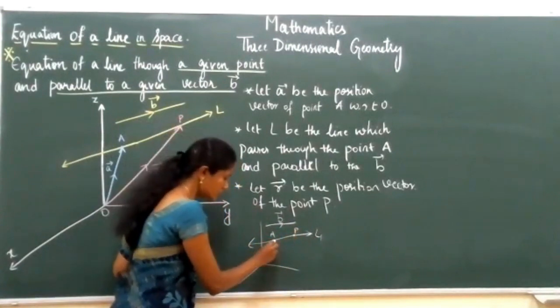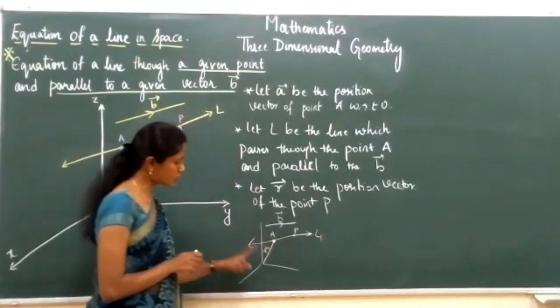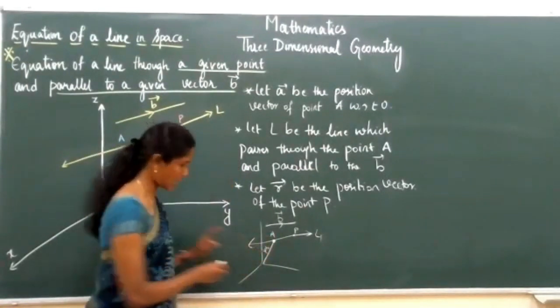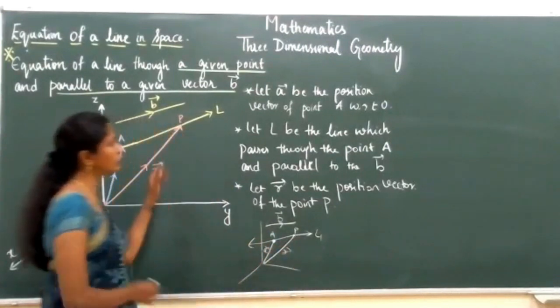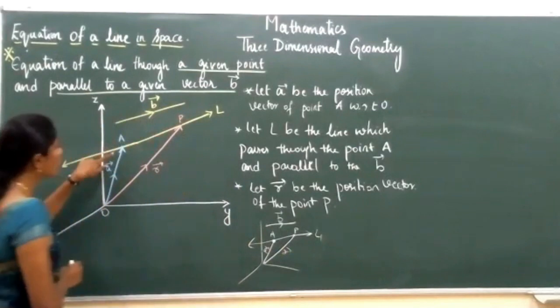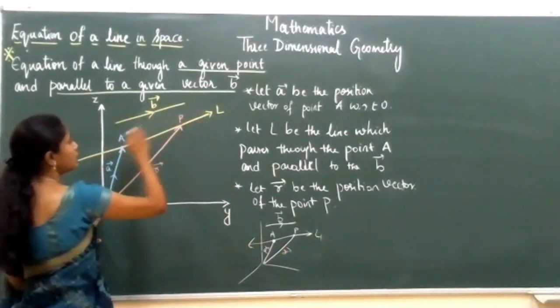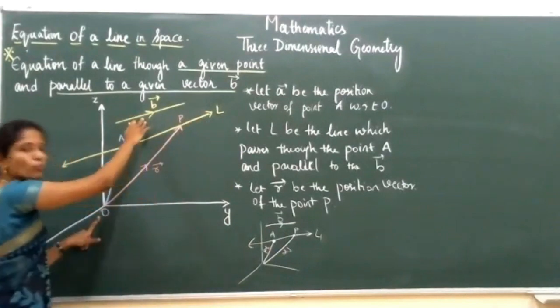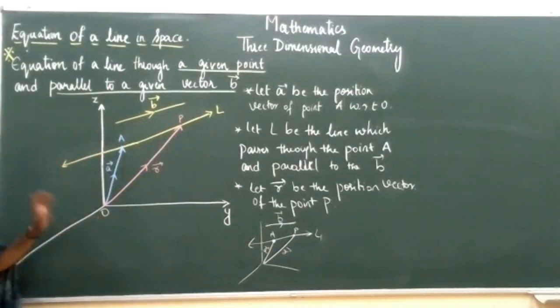The position vector of point A is a, and for the point P it is vector r. So a is the position vector of the point A with respect to the origin, and the line passes through A and is parallel to vector b. P is the point with position vector r.